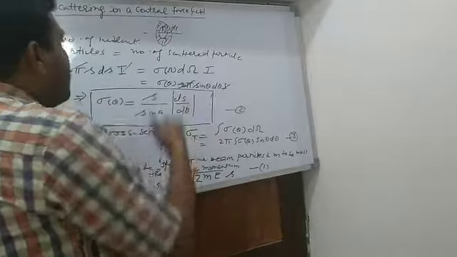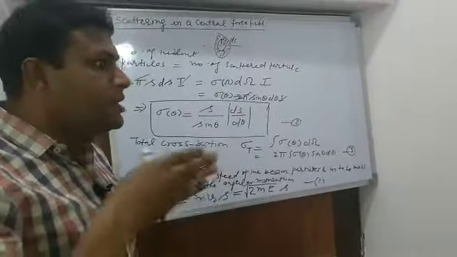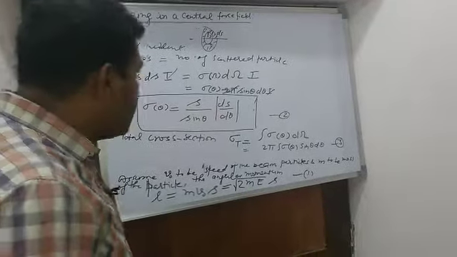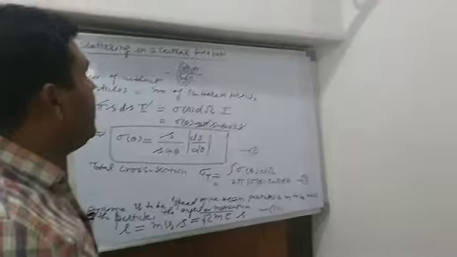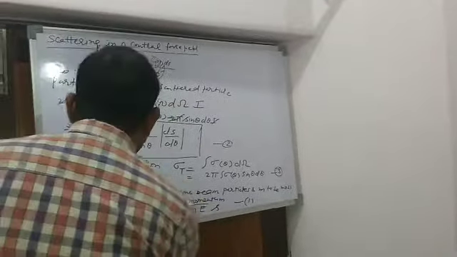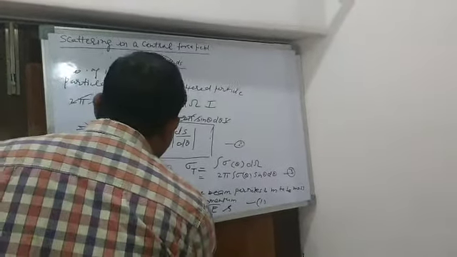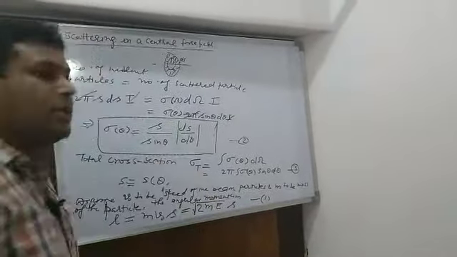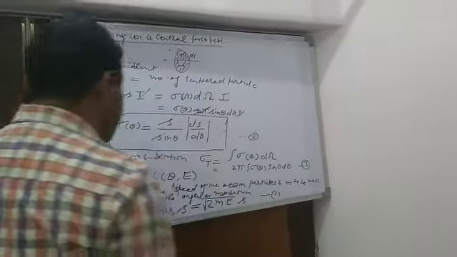Now what is s? s is essentially the distance at which an object hits. This is called the impact parameter, and it should obviously be a function of theta, the scattering angle, and the energy of the incident beam.